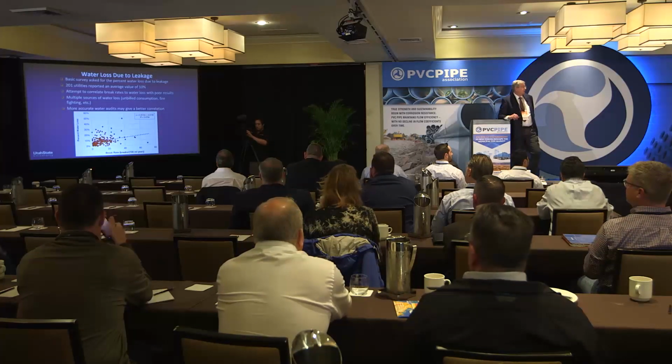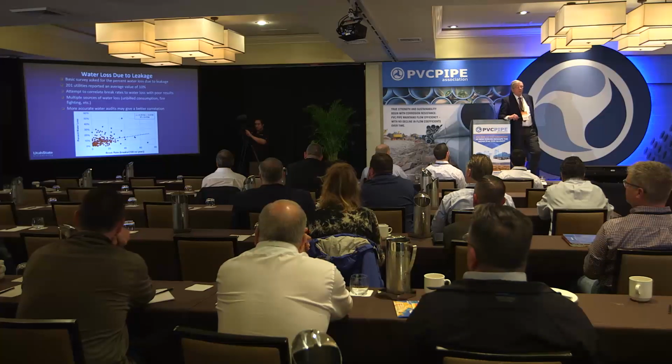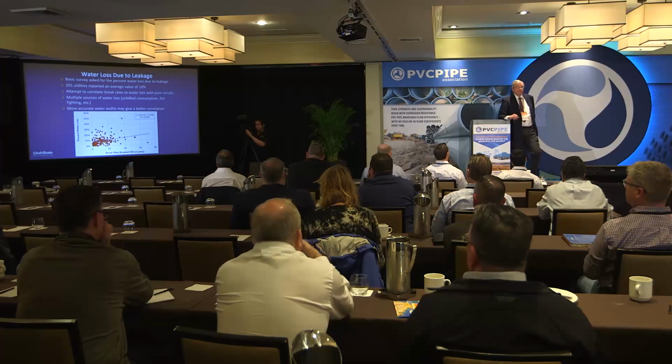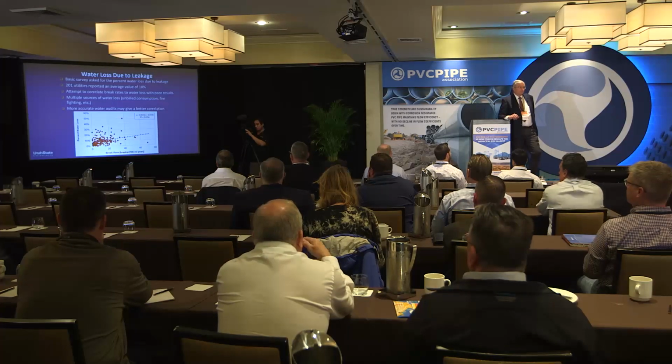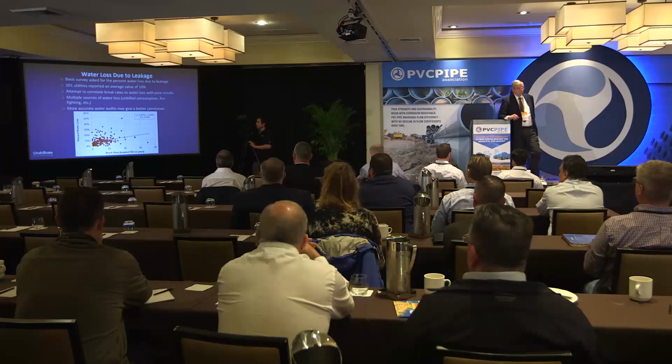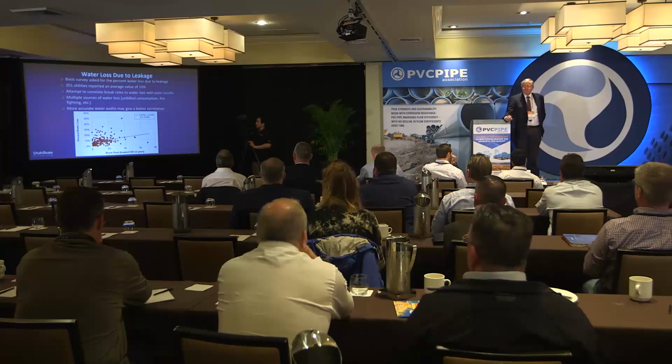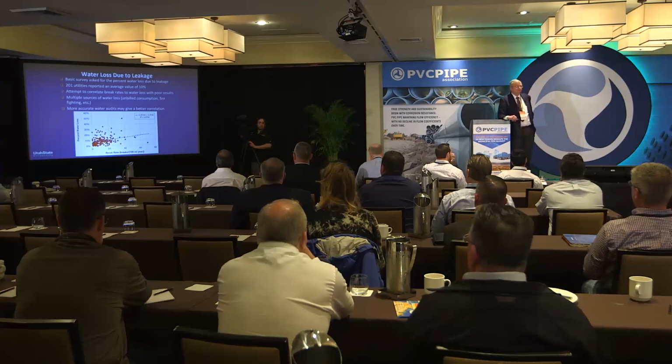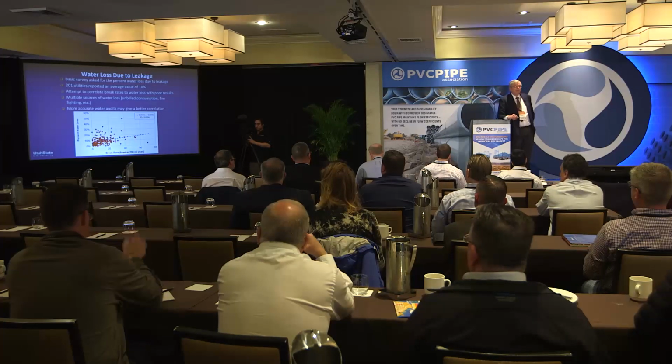We asked for an estimate of their water leakage rate. Water leakage, I think, is a really important criterion that utilities should be using more of. And the average leakage rate is money going down the drain because that treated water leaked out. The average value is 10%.